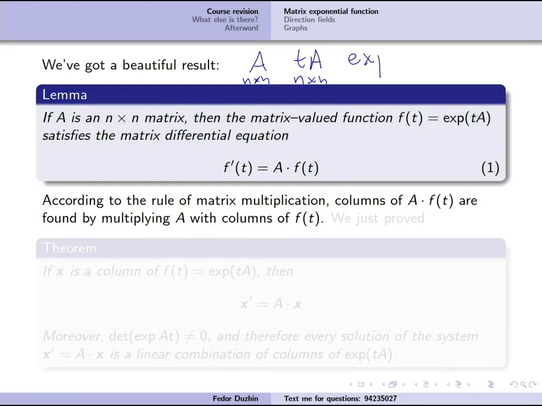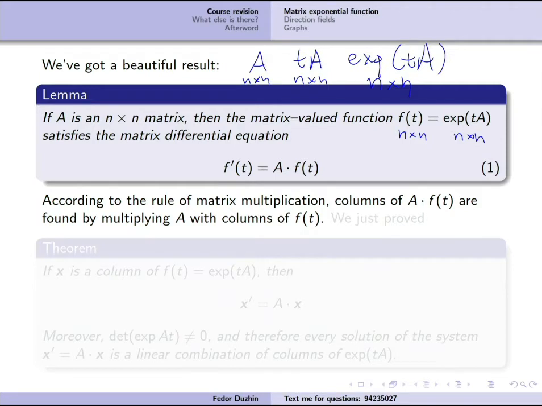So exp of tA is again an n by n matrix. So f of t is in turn an n by n matrix. And this is a matrix equation. But it all makes sense. So n by n matrix equals n by n matrix times another n by n matrix.